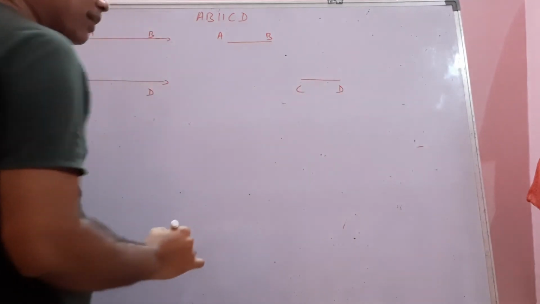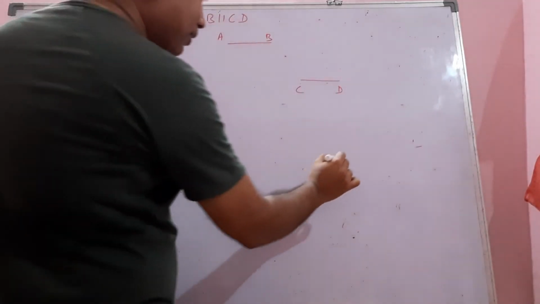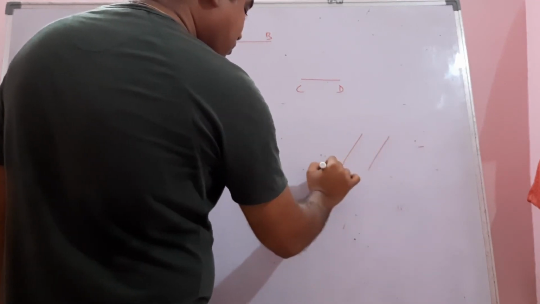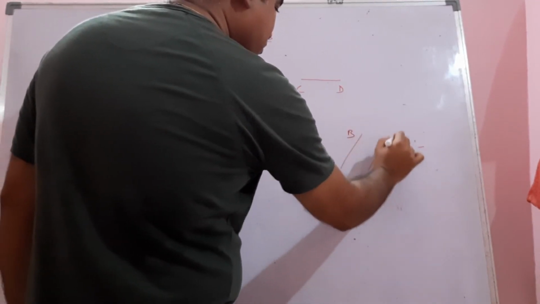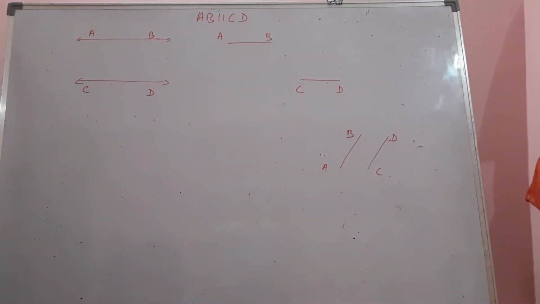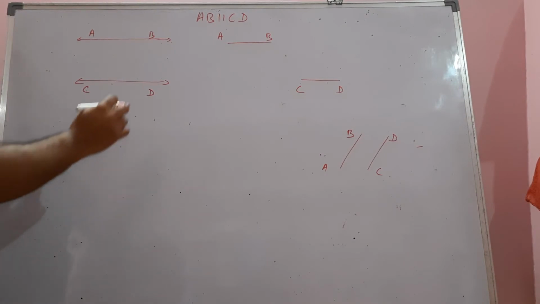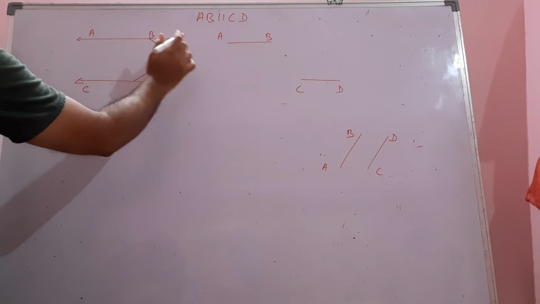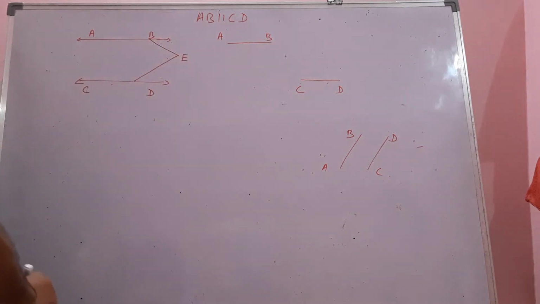AB parallel CD, or they are like this one. In all these figures, AB is parallel to CD. So I can use the results if there is a transversal. But suppose it is like that. Like that one.